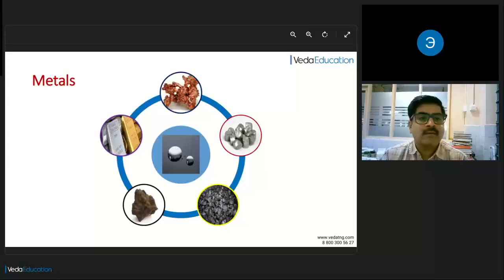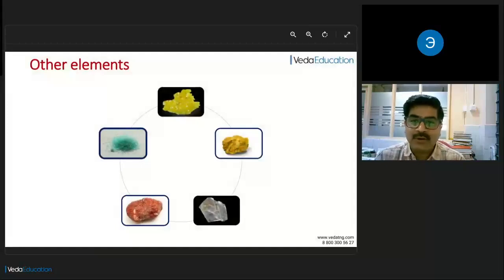Okay? And the other elements usually. So these are the basic elements, and these are the other elements that we use. The first one is sulfur. Second one is arsenic.